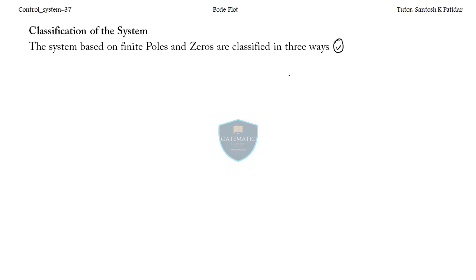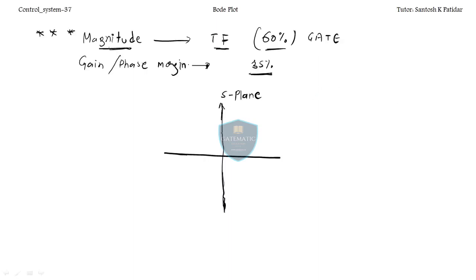But before that, let me talk about, see friends, this is the S-plane we are talking about, or we are doing our study in. So whatever study we are doing, we are taking all the parameters in the S domain only, isn't it? How to find out the system stability? When the system will be stable, when all poles and zeros will be in the LHS.